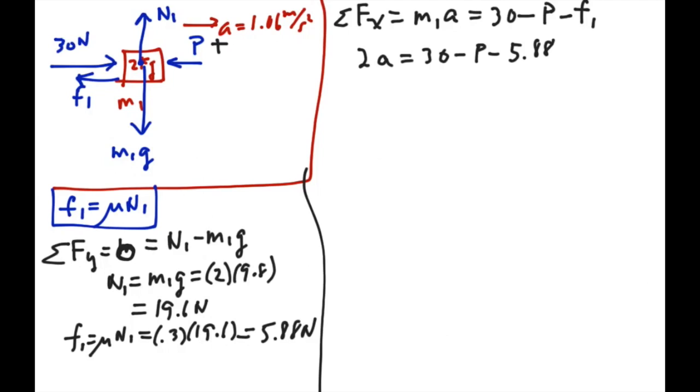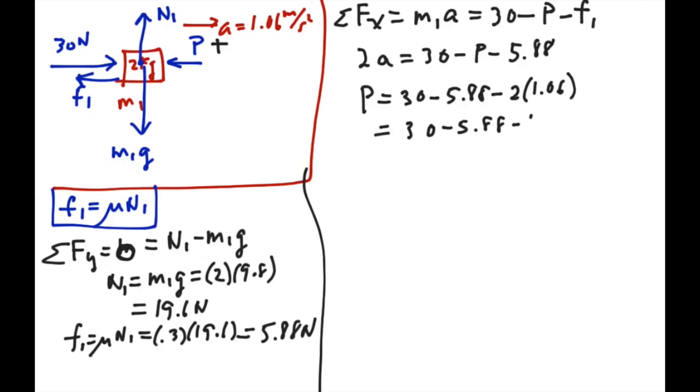Let's bring the P over to the left and bring the 2a over to the right. So our pushing force P is equal to 30 minus 5.88 minus 2 times the acceleration, 1.06. So this would be 30 minus 5.88 minus 2.12.